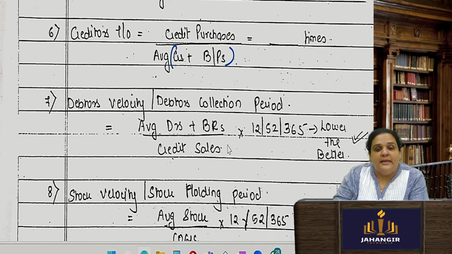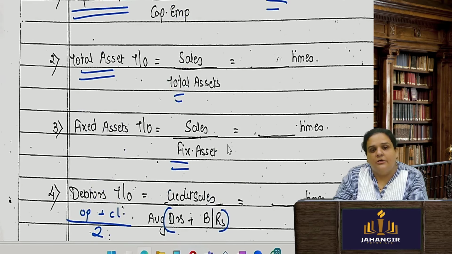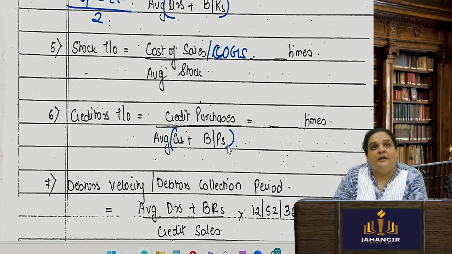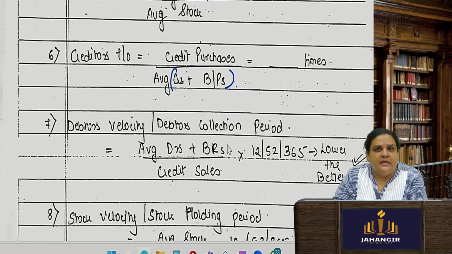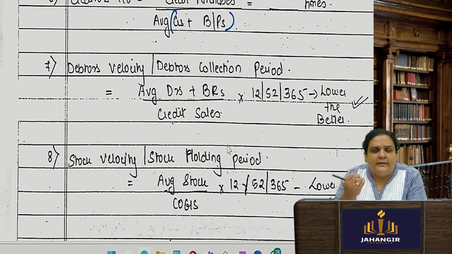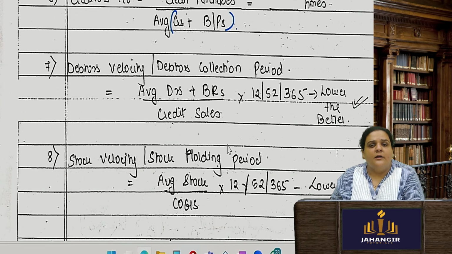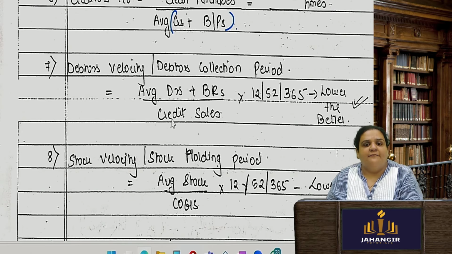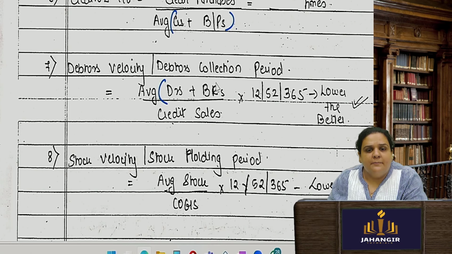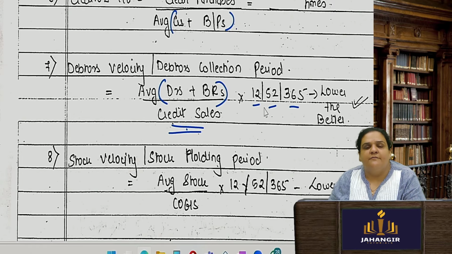And debtors collection, now this is based on your turnover. Now you have collection also. In how many days are you able to collect the debtors' money? That means you will take the ratio of average debtors plus bills receivable divided by credit sales, into 12 months or 52 weeks or 365 days, whichever we will take.